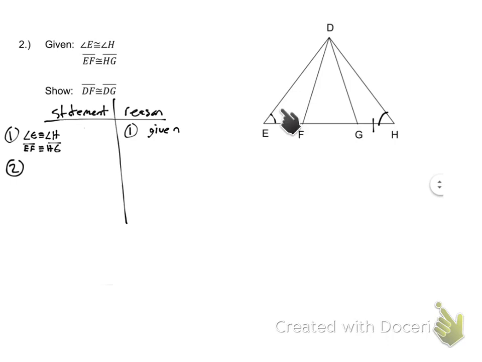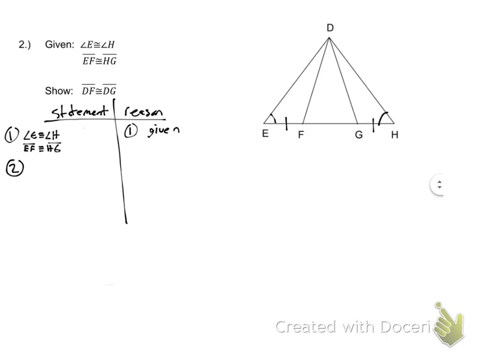Guys, this very large triangle, I am going to say is an isosceles triangle. Because if two angles in a triangle are the same, the sides opposite them, which is ED, and from this angle, DH, are also the same.